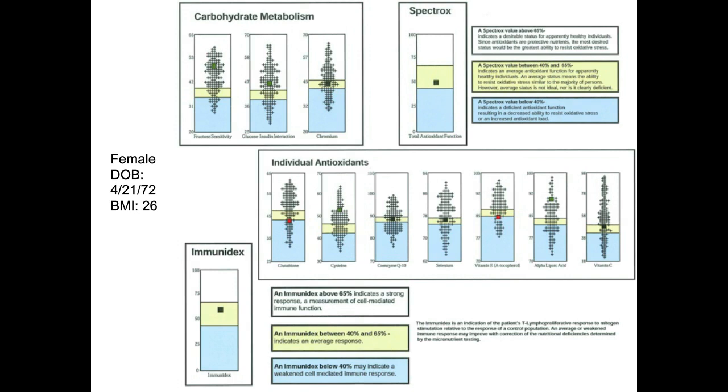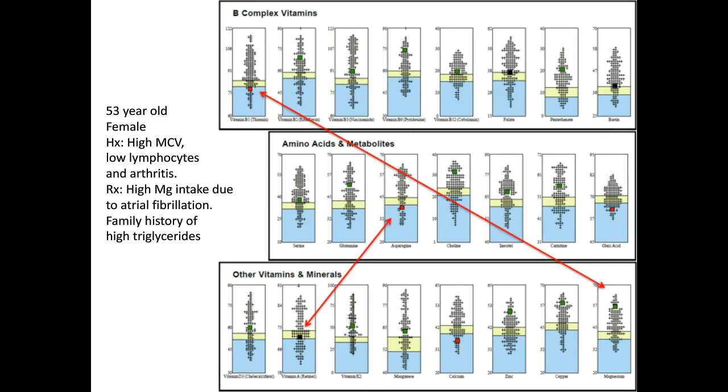I talked earlier about micronutrient testing and nutrient-nutrient interactions, and one of the main nutrients I talked about was magnesium. I mentioned how beneficial it is from a diabetic standpoint and from a cardiovascular standpoint.